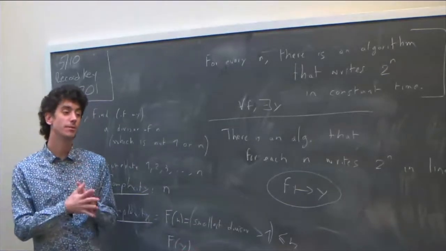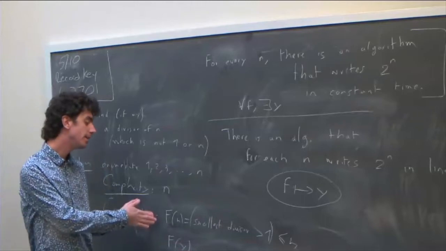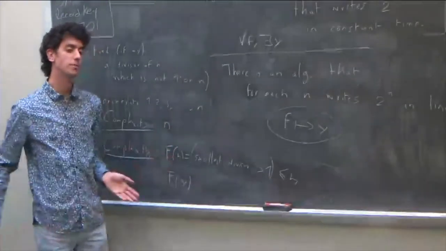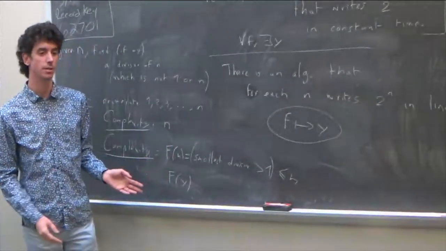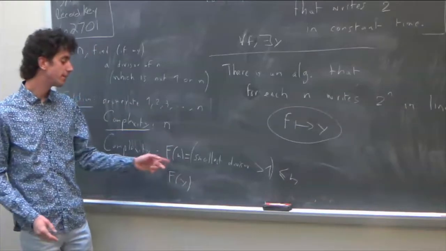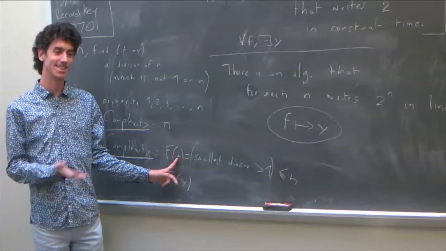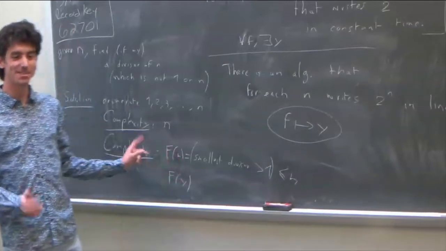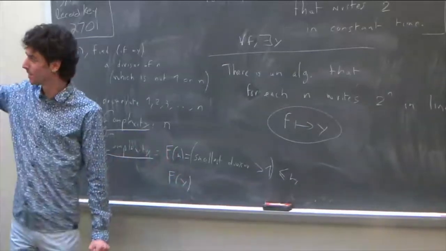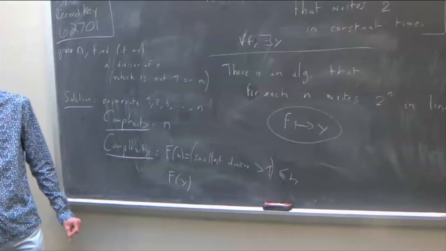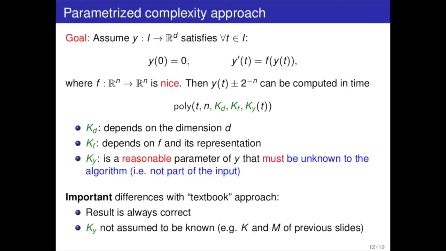But of course, it needs to be something reasonable. For number n, I could argue that the smallest divisor is maybe something interesting about n. But you could always take f of n to be the running time of the algorithm, right? That's not very interesting. So we need some parameter that is interesting. That's what I mean by reasonable. And obviously not known to the algorithm. The algorithm cannot use this to bound its running time.